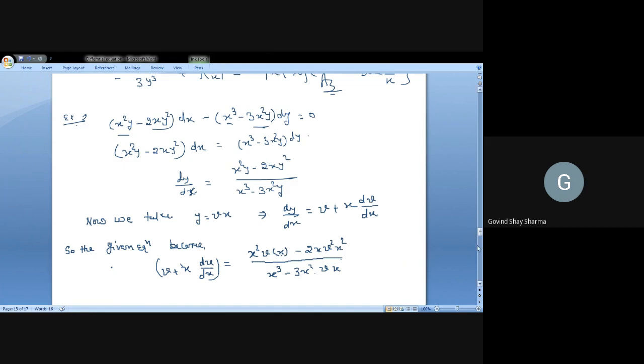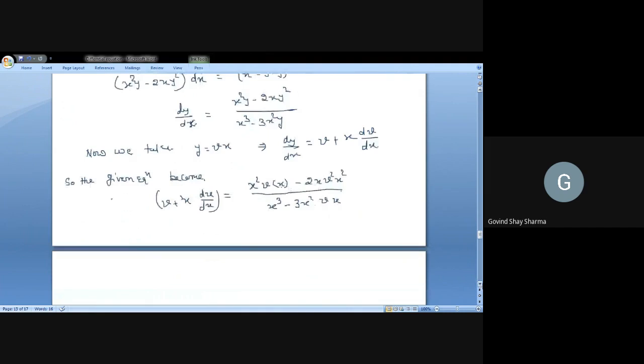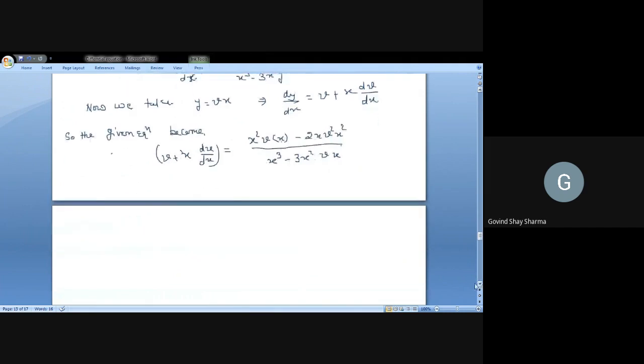We put y = vx in the equation. Now the equation becomes, taking x³ common from each side and cancelling, in the v form: v + x dv/dx = (v − 2v²)/(1 − 3v).